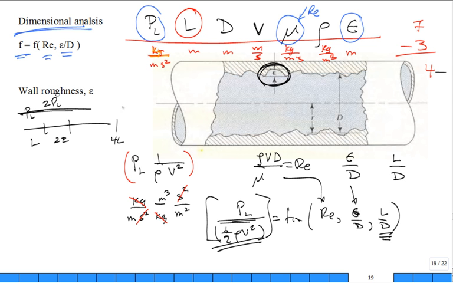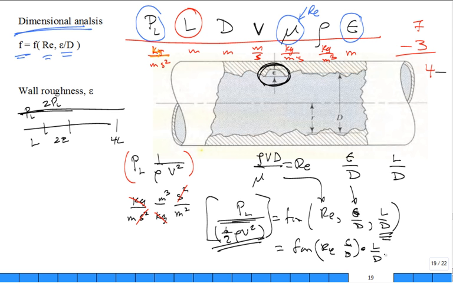If I double the length, do I double the pressure loss? If I triple the length, do I triple the pressure loss? It's fully developed flow in a pipe. Yeah. And so what you can do is it's a function of the Reynolds number and the relative roughness times L over D.